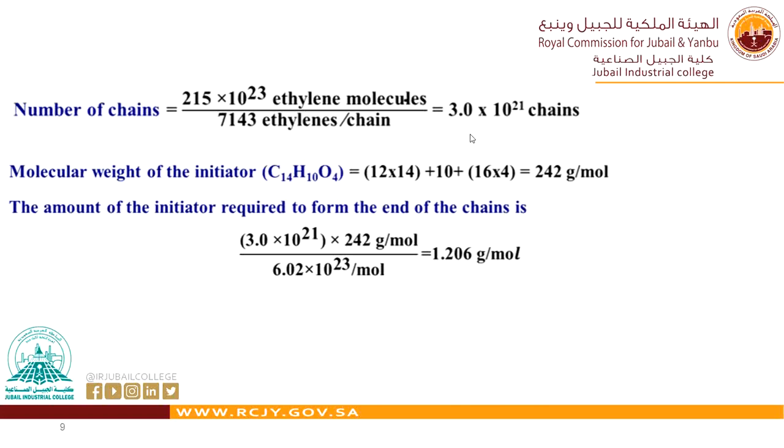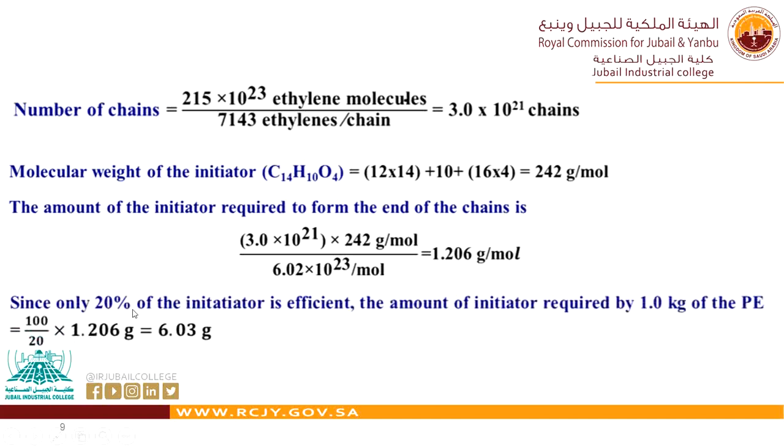So what do we do? How do we convert that? Since only 20% of the initiator is efficient, the amount of initiator will be 100 divided by 20 multiplied by 1.2, and that will give us what? 6.03 grams. So 6.03 grams is the amount of initiator that will be used to produce 1 kg of polyethylene, assuming that only 20% of the initiator is what?